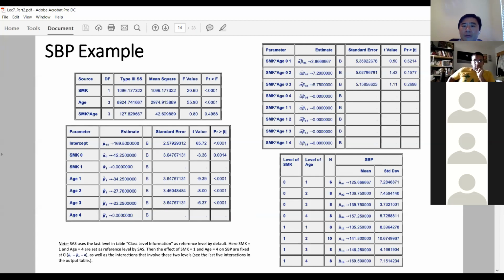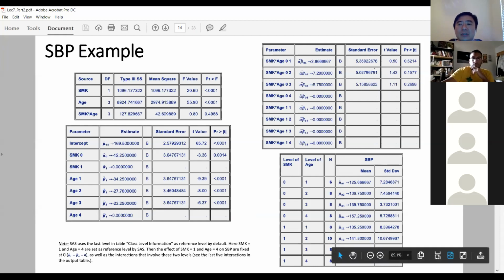And also for the interaction part, you have 3 degree of freedom, if you still remember. So that's equal to parenthesis 2 minus 1 times parenthesis 4 minus 1, so which is equal to 1 times 3. That means you should have 3 parameters corresponding to each degree of freedom there. And then you can see you have three estimated values for the interaction terms.